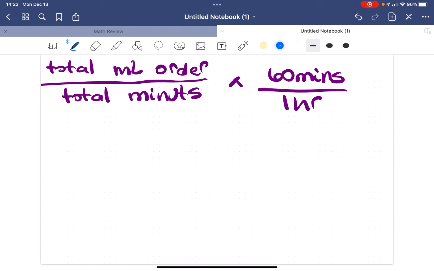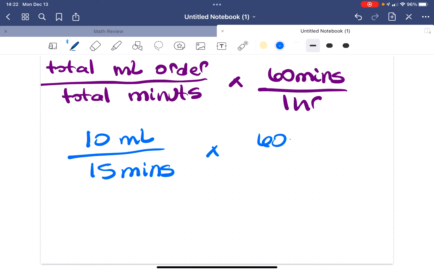So again, total milliliters ordered is 10 milliliters. Over how many minutes? 15 minutes. And we know that there are 60 minutes in 1 hour. So when we do the mathematics with that, what do we end up with? We end up with 40 milliliters per hour.